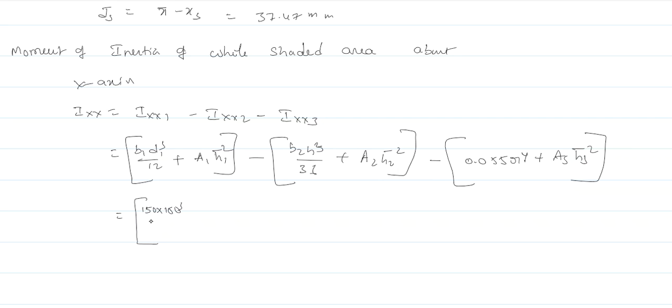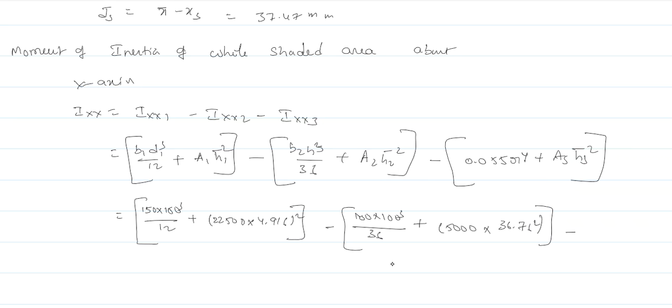150 into 150 cube by 12 plus 22500 into 4.916 whole square, minus 100 into 100 cube by 36 plus a2, that is 5000 into 36.76 square, minus 0.055 into 100 power 4 plus 7853.98 into 37.47 square.